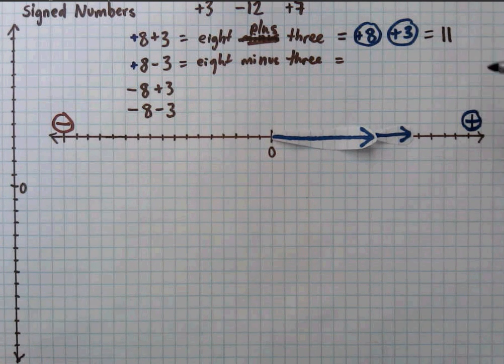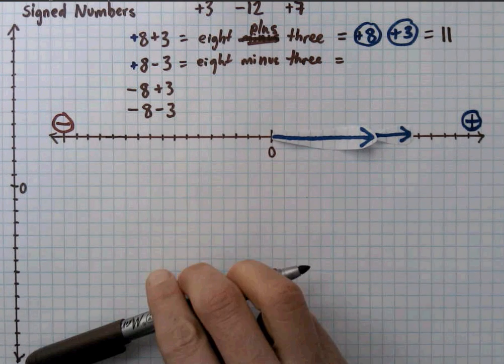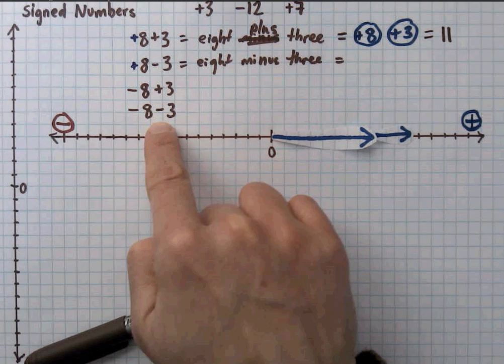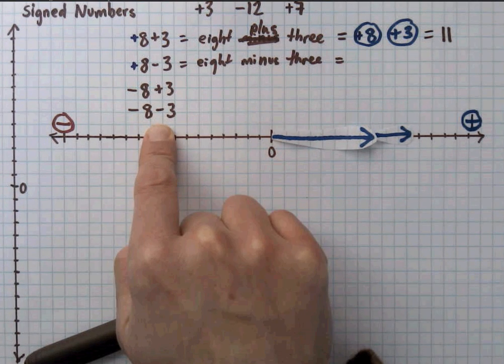I'm going to continue explaining these simple problems because then these two more complicated problems may make more sense. So a +8 being combined with a -3.